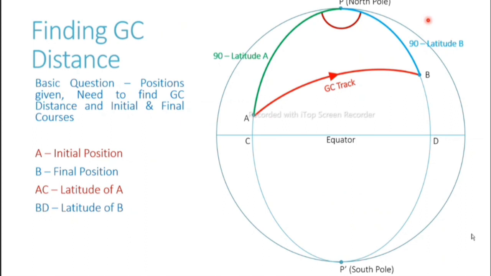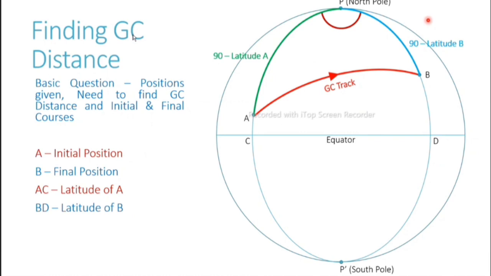Sir, please repeat this angle P. Okay, beta. Angle P is the angle at the pole contained between the meridian of A and the meridian of B. Right, beta? Yes, sir. That is exactly the definition of D long, difference of longitude.